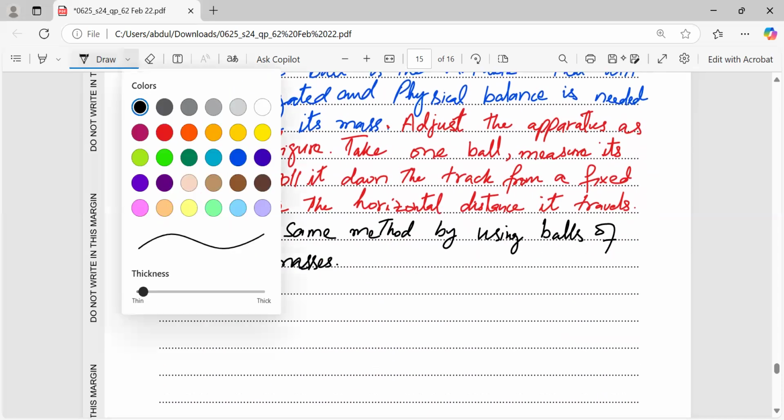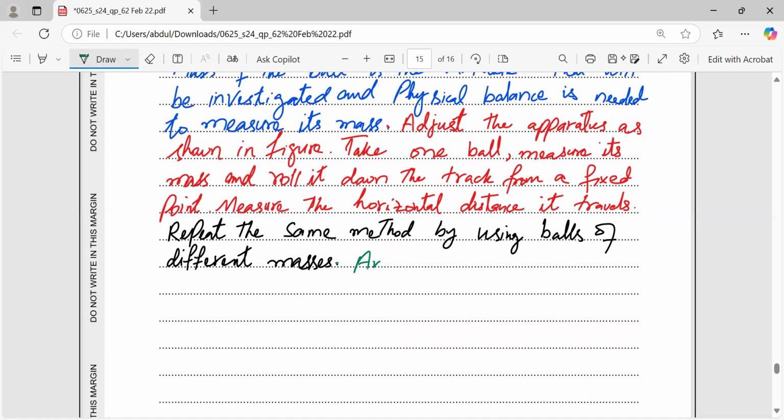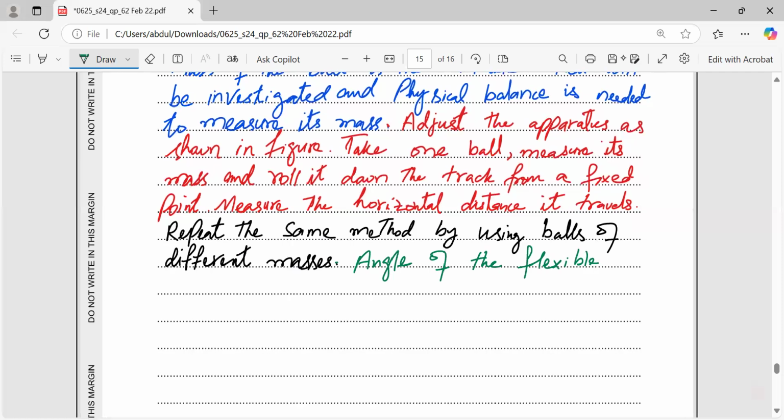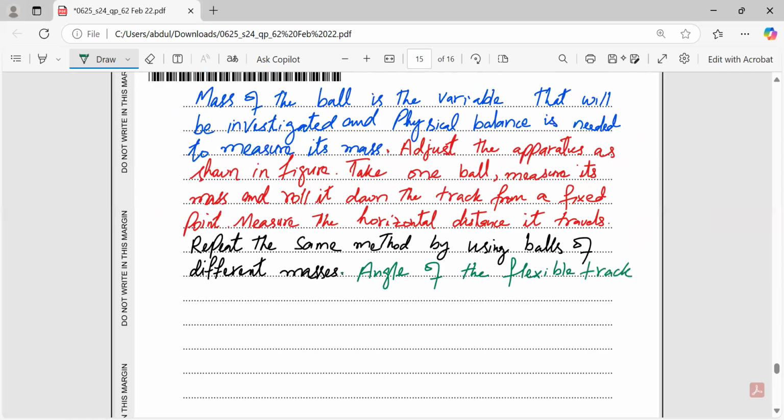You can say now the angle of the flexible track. Angle of the flexible track simply means how much you are going to stretch it.